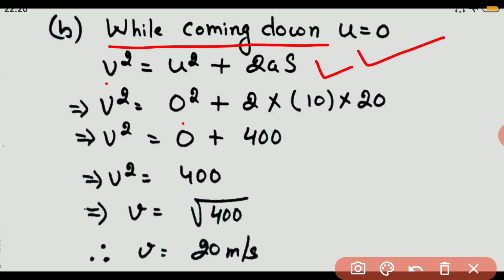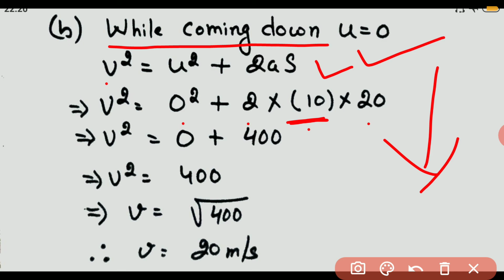U square becomes 0 square, 2as becomes 2 into 10 into 20. This time remember it is taken plus. Why? There is no minus sign, because the motion is downward. Remember that. So v square equals 0 plus 2 into 20 into 10, which gives me again 400. So v square equals 400, and v equals under root 400, therefore the value of v comes to 20 meter per second.